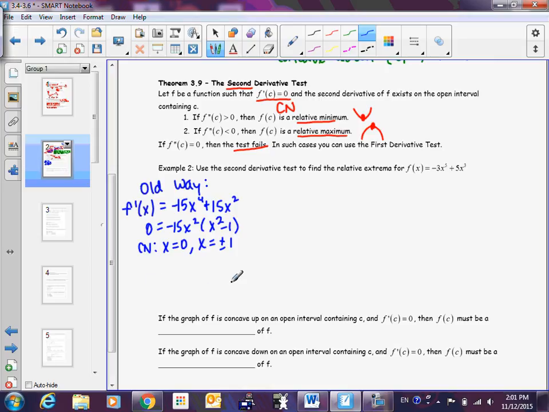Okay, so I'm going to continue doing this the old way, but I'm going to give you just a little indicator. In the new way, I would stop here, and then I would go straight to the second derivative and do something with the second derivative. But with the old way, we would have a number line, right? And then make sure you list your points, least to greatest. That's always important. Go ahead and test this on your own.